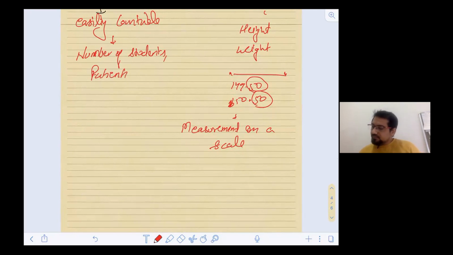I can give you some more examples of continuous. Let's say you want to measure in what time a teacher can finish a subject or deliver a lecture. All teachers have different abilities and capacities to finish their subjects. Some do it in a short time, some take a long time. So that we have to measure always on a scale.